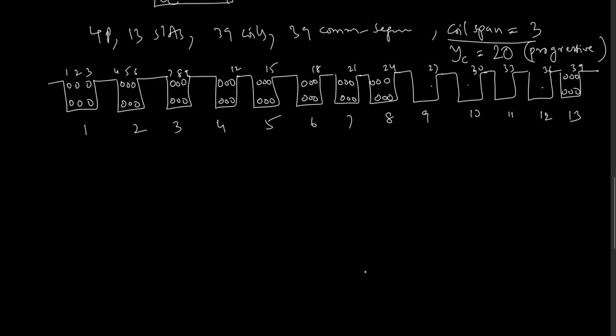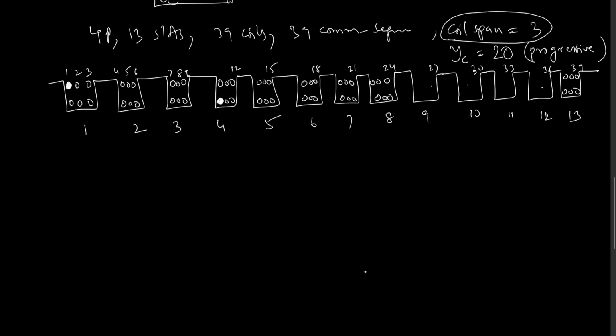So if we choose coil span equal to 3, then one side, the left side coil side of the first coil, will be on the top layer of the first slot, and the other side will be on slot 4 bottom layer.